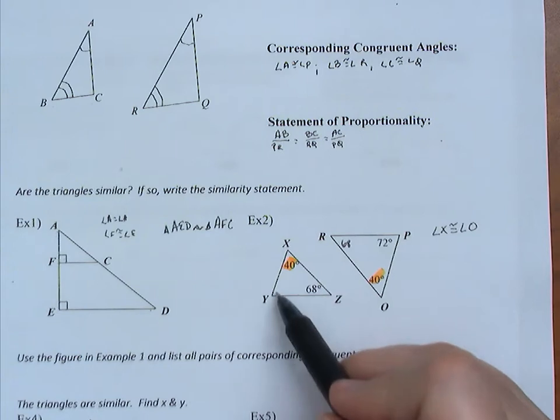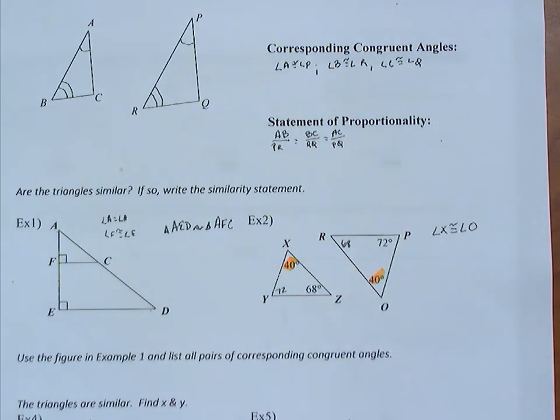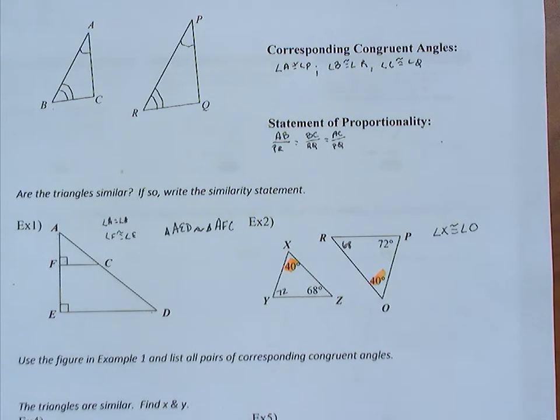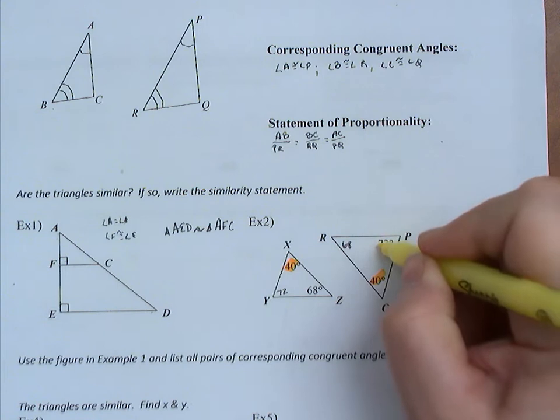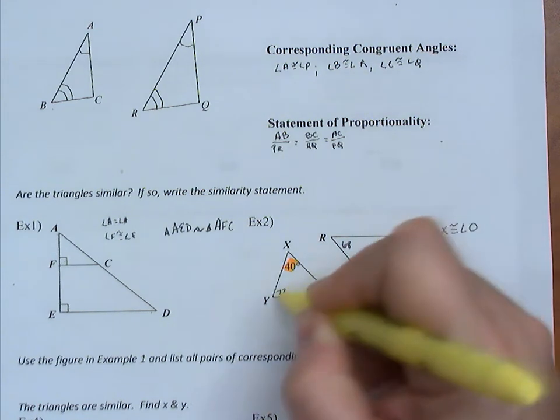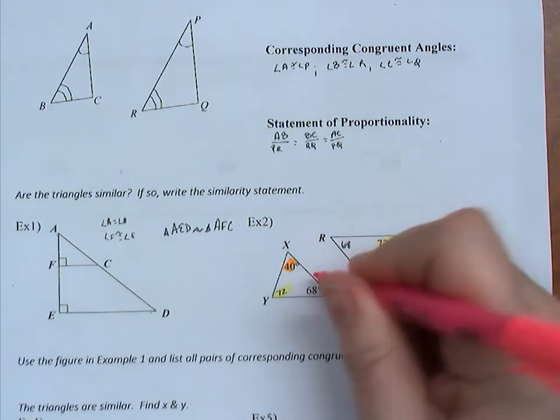And 180 minus 40 minus 68 is 72. So you can see that my angles are all matching up. I have two pairs of corresponding congruent angles, so my triangles are similar.